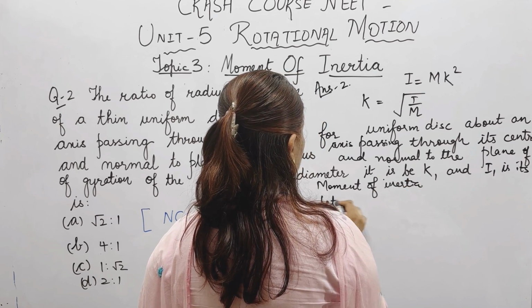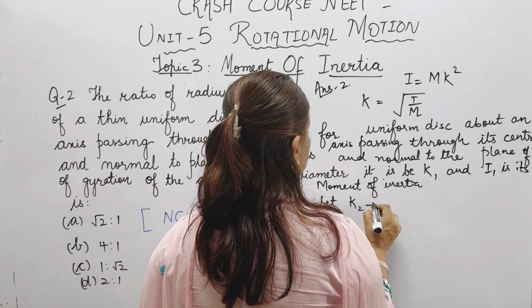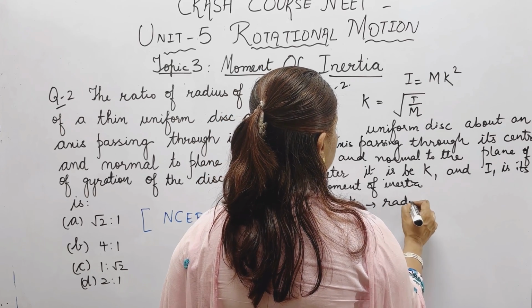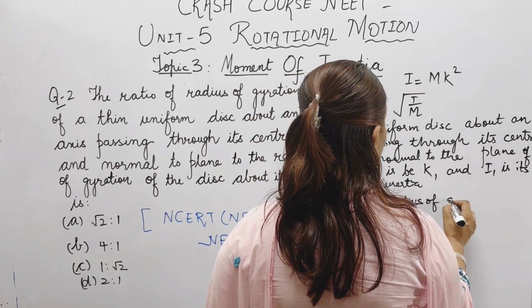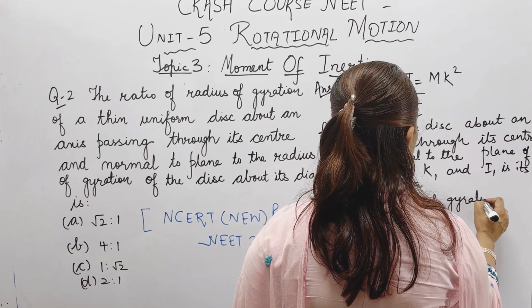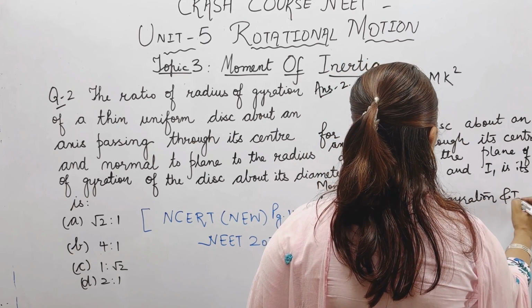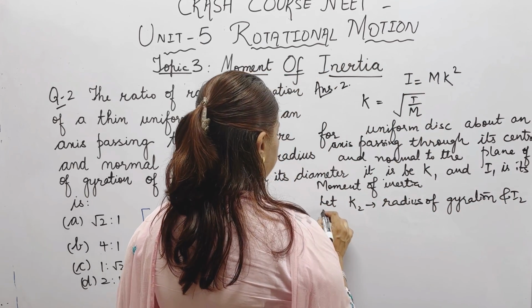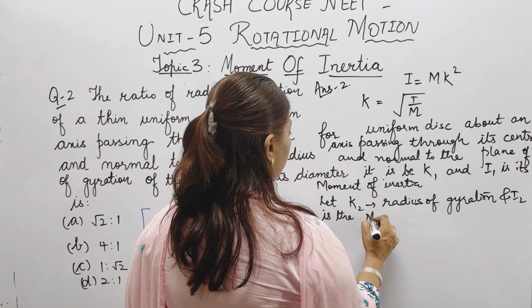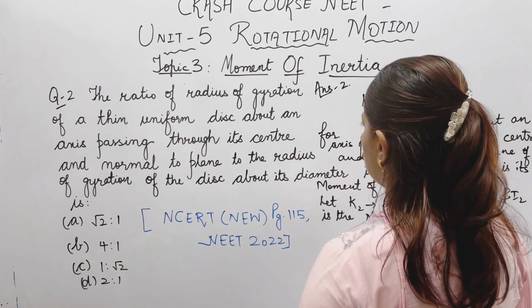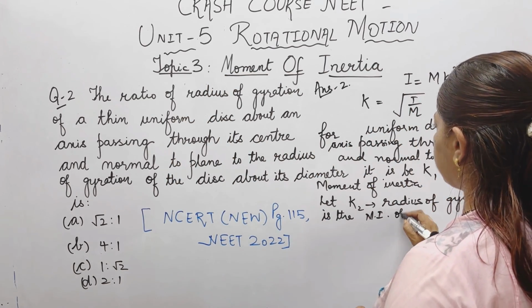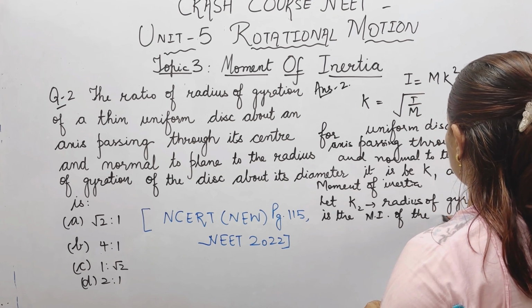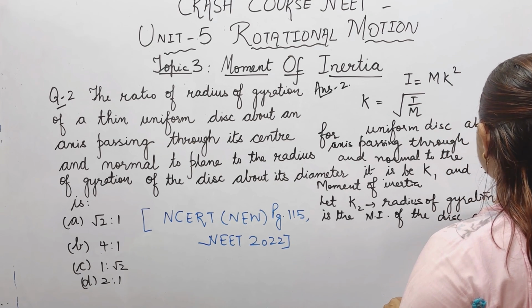Let K2 be the radius of gyration and I2 the moment of inertia of the disk about its diameter.